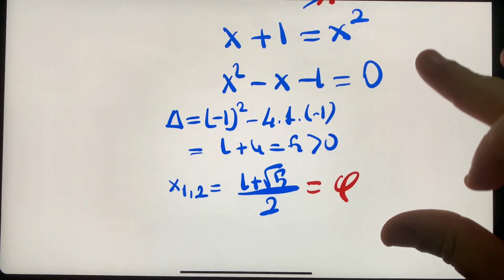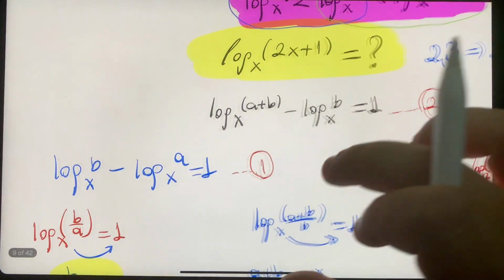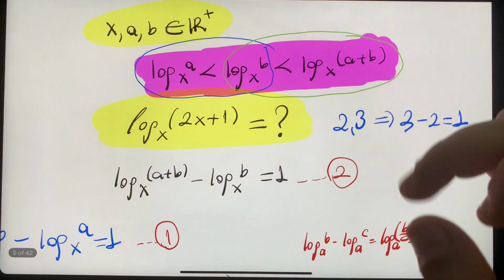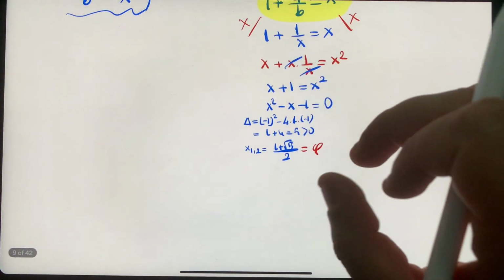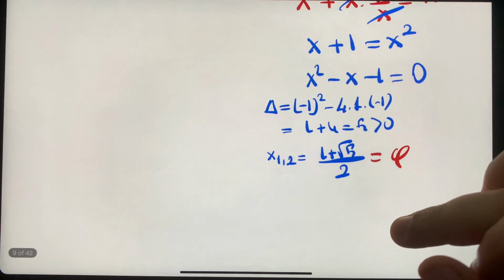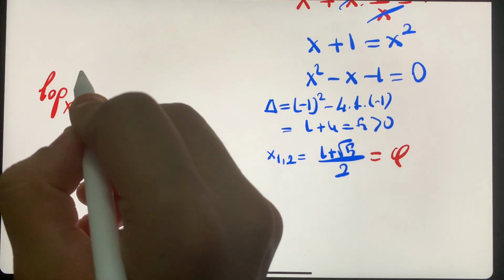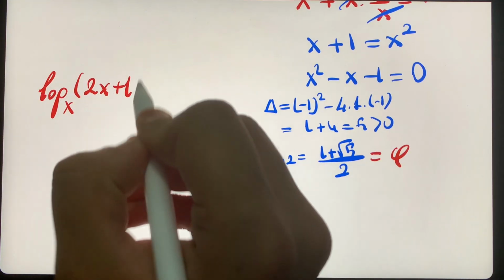Actually, look at the question. We started with logarithm. Where did this question take us? If you pay attention, it took us to the golden ratio. So can I solve this question by substituting into the logarithm? Think about it. What was the logarithm value he wanted from me? The logarithm of 2 times x plus 1 at base x.